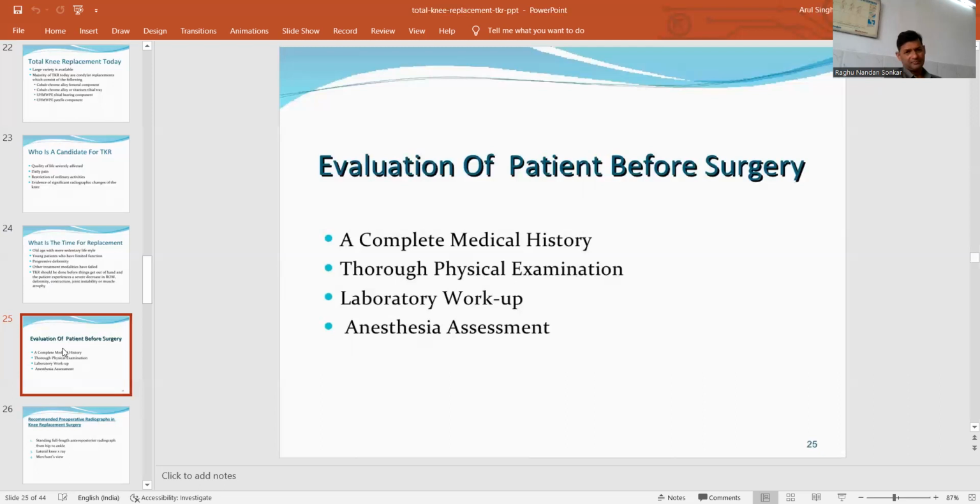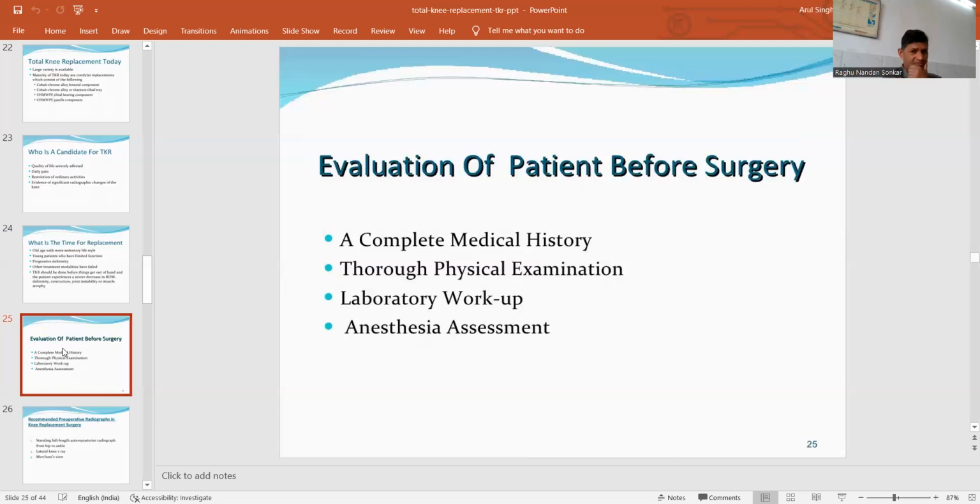Laboratory workup, yes, 100%. You should check all parameters related to surgery, meaning CBC, hemoglobin, sugar, count, LFT, serum protein, electrolytes, and standard protocol, HBsAg, HIV.